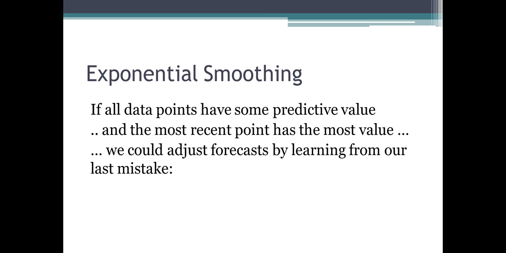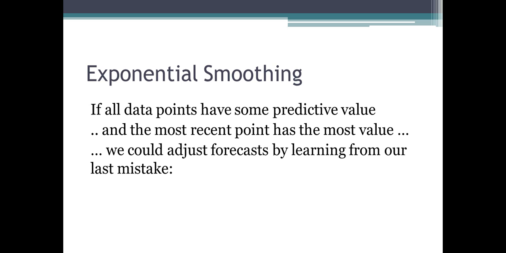You will look at all of your past data points and yet give the most weight to the most recent data point. And then the weight you give to each preceding data point in your time series is reduced exponentially, hence we call this exponential smoothing.